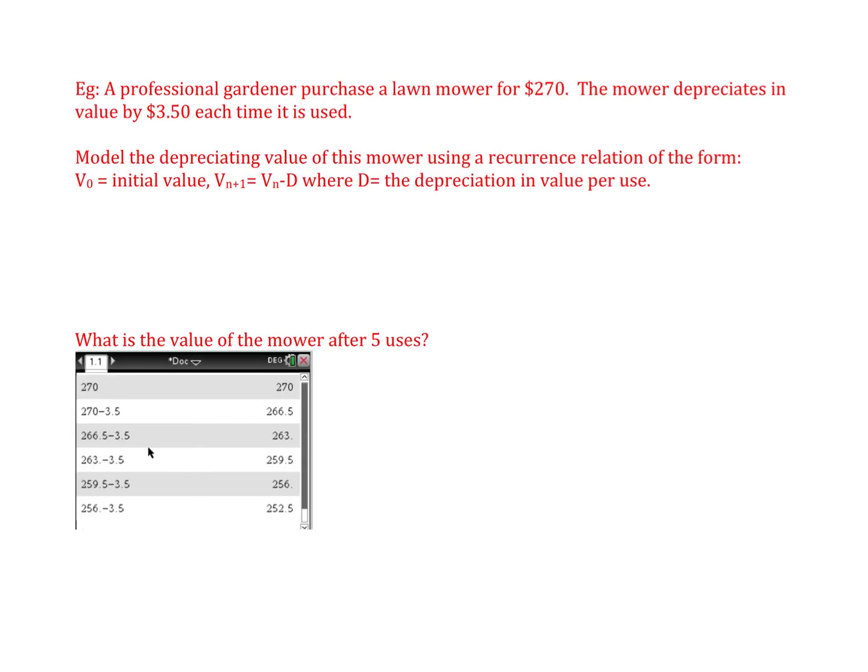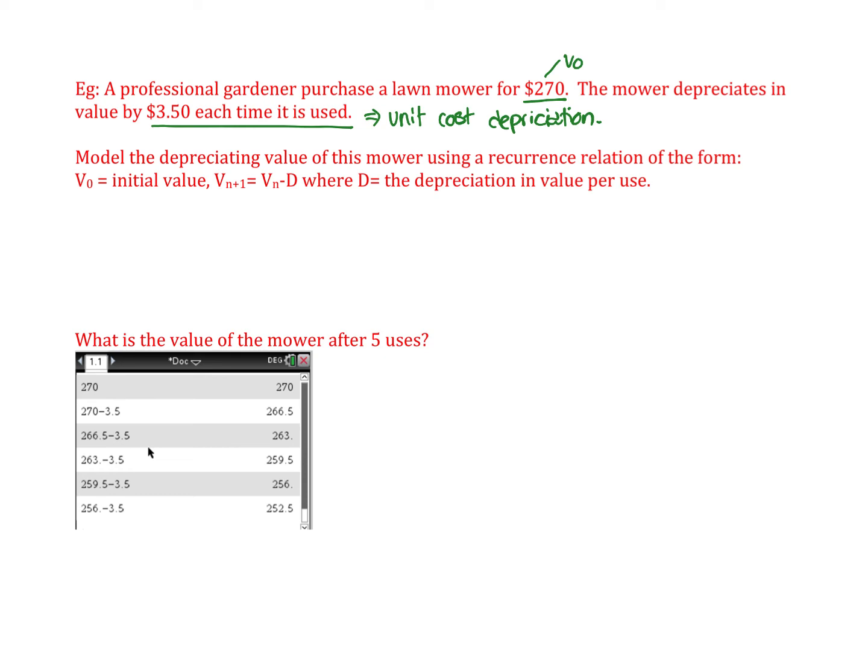A professional gardener purchased a lawnmower for $270. So this is the V0. And the mower depreciates in value by $3.50 each time it is used. That's the way of saying it's unit cost depreciation, because every time it depreciates with use, that means unit cost.